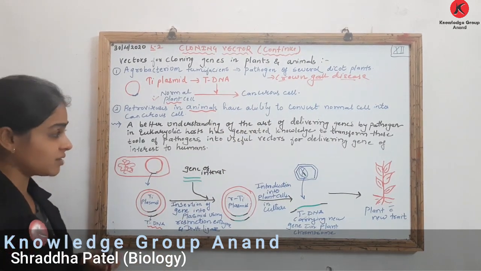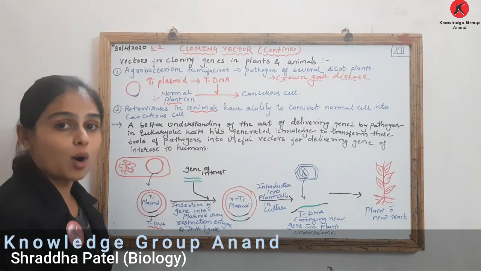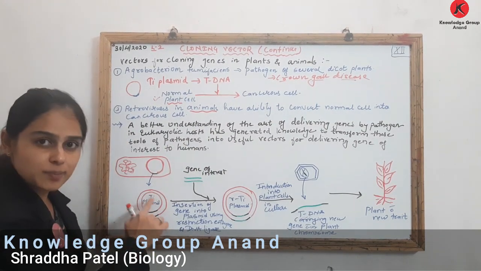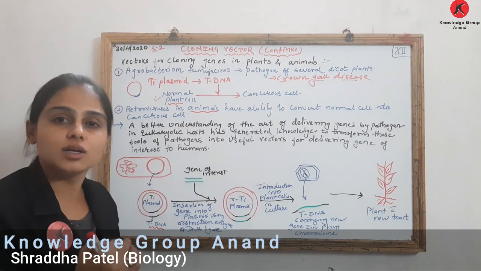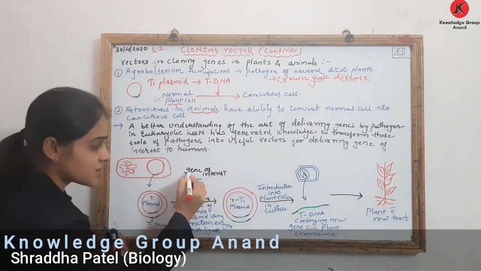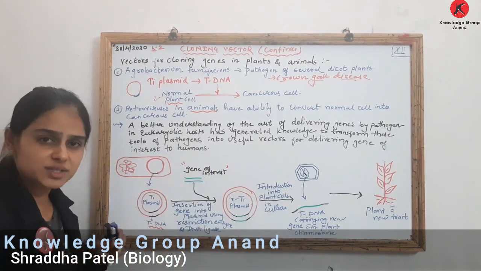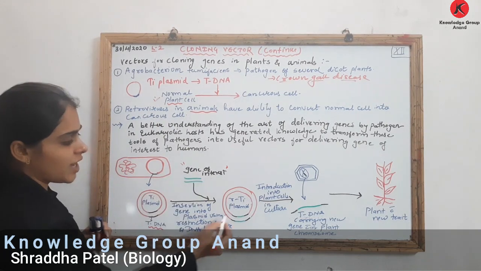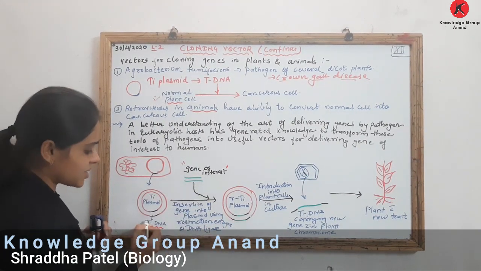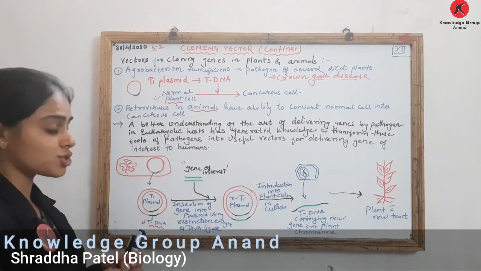Now what we have done, as I just told you, is modify this Ti plasmid to deliver gene of our interest. So have a look, this is your gene of interest, whichever trait you need, this is its gene. This gene we have inserted inside your tDNA, the green color portion you can see over here.